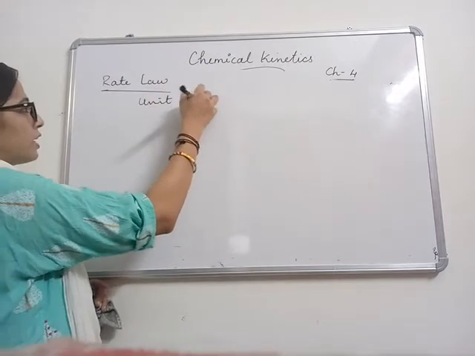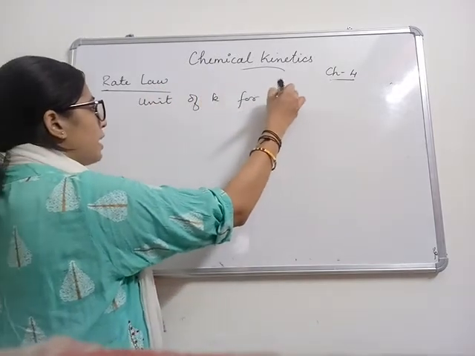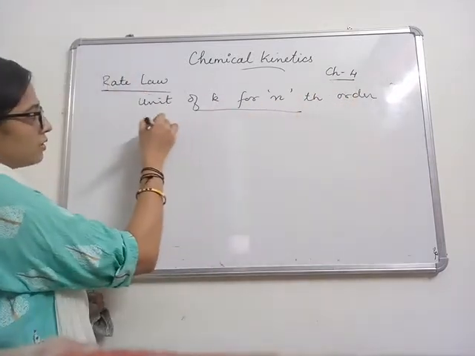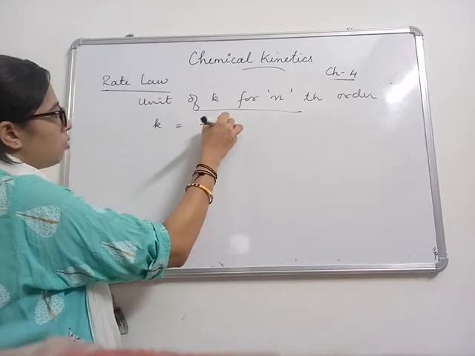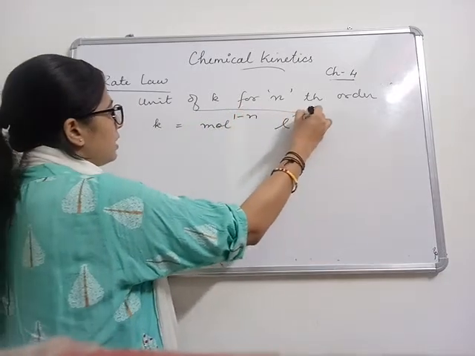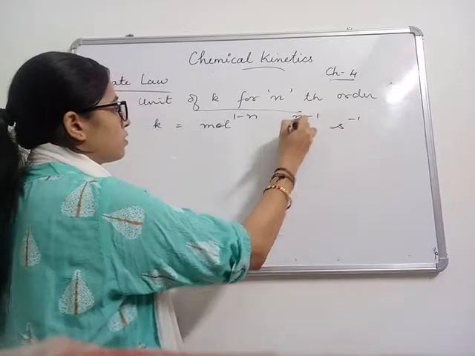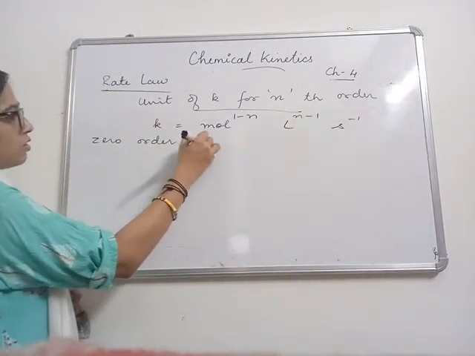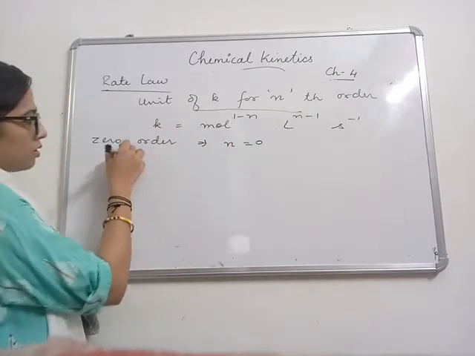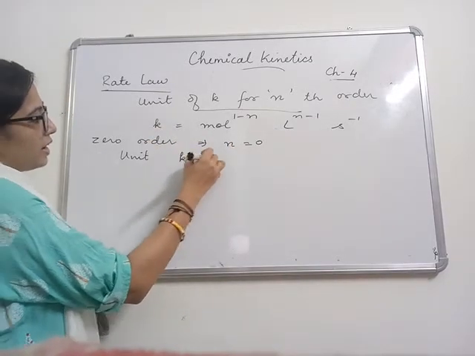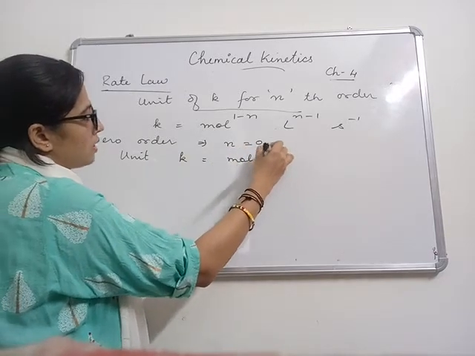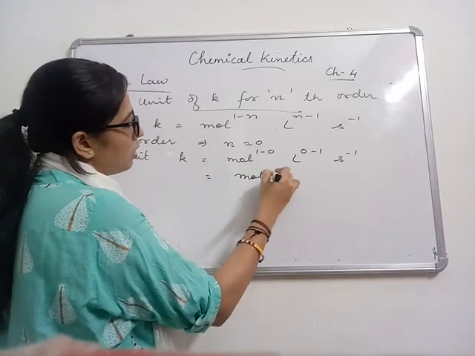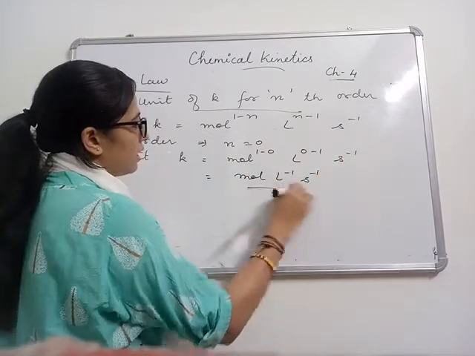यूनिट ऑफ K for nth order reaction. nth order reaction में K की यूनिट क्या है, मोल 1 - n लीटर n - 1 सेकेंड इनवर्स. Now if the order is zero order reaction, zero order का मतलब n की वैल्यू 0 है, then the unit for K is mole 1 - 0 liter 0 - 1 second inverse, that is mole liter⁻¹ second inverse.